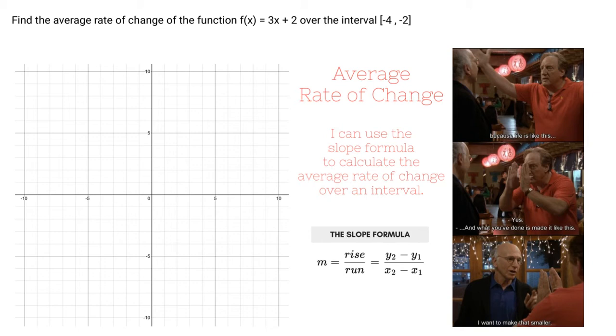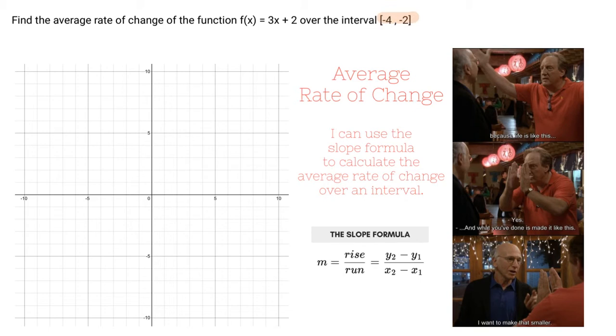And I also included this meme from the show Curb Your Enthusiasm, because I want you to use what that guy is doing with his hands as a way to think about intervals and as a way to see a function over an interval. And to be clear, these two numbers here, -4 and -2, are not the coordinates of a point.